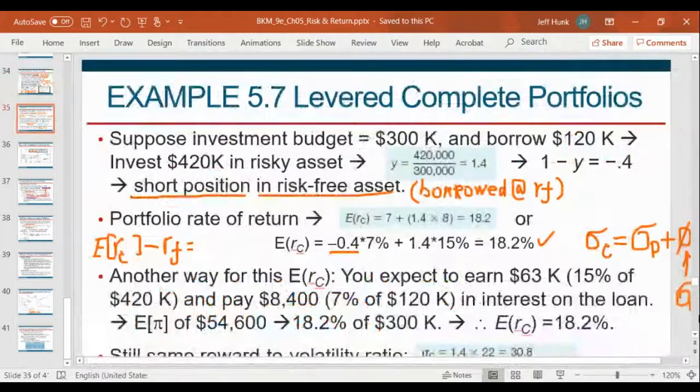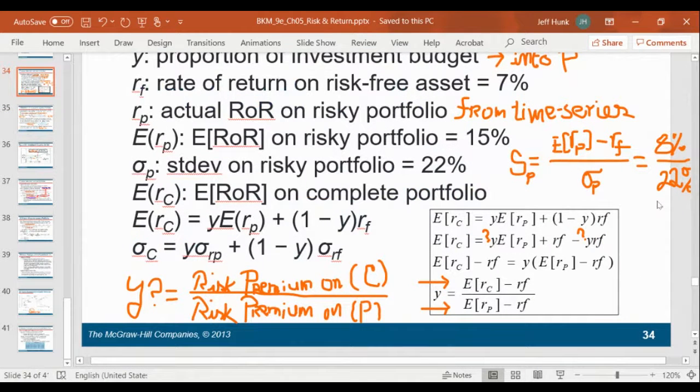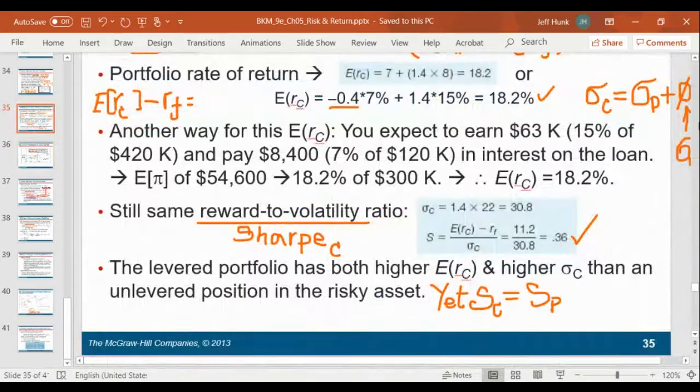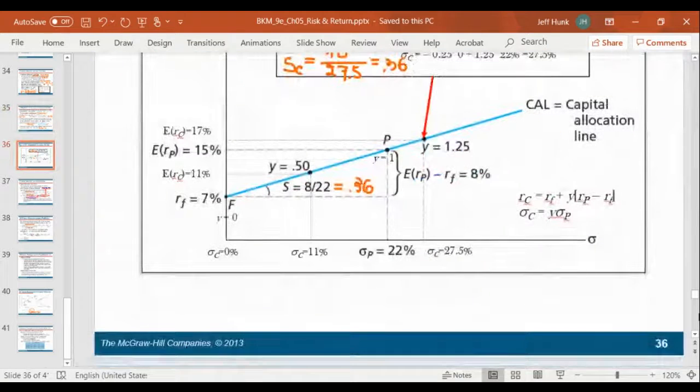Even when we had a 1.4 weight for the risky assets and -0.4 for risk-free assets, the total weight is still 1.